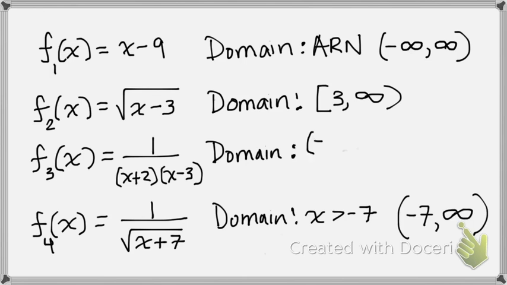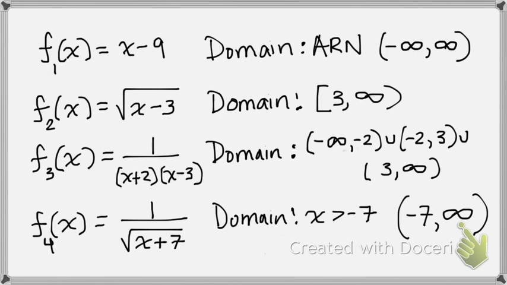I'm going to go from negative infinity up to negative 2, union, negative 2 up to 3, union, and then I'm going to go 3 to infinity. So that's kind of a pain, but that is how we would do that if we needed to represent that in interval notation.